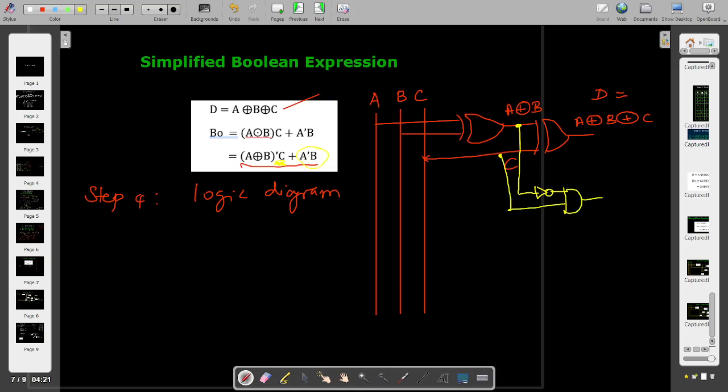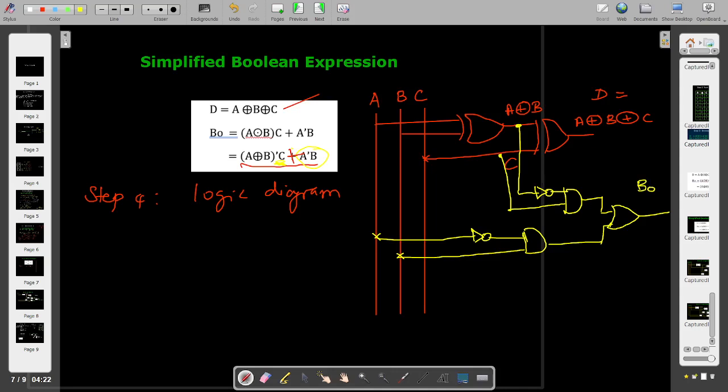After that, here you have this A dash B. So A dash B means we can take the connection from here. So it is A inverter, and then B, the connection is from here, and then it is given to an AND gate. Then both are combined using this plus sign, right? So we can have this OR gate. So this is the output B naught.